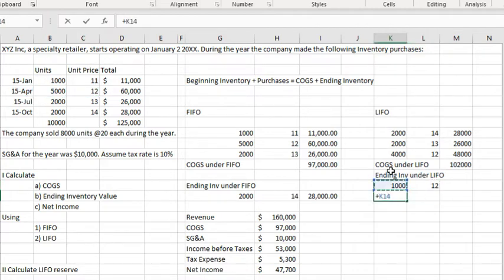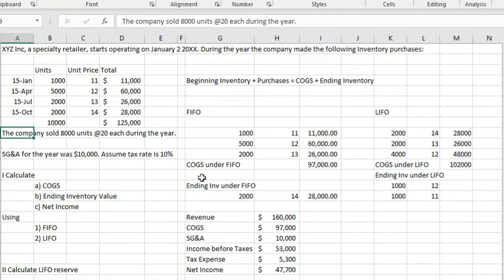And then under LIFO, we are going to have another 1,000 units for $11. Remember, we purchased 10,000 units, we are only selling 8,000 of them, so 2,000 is remaining.